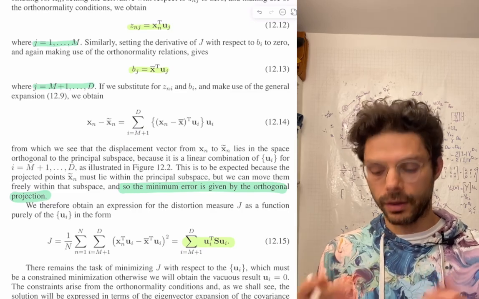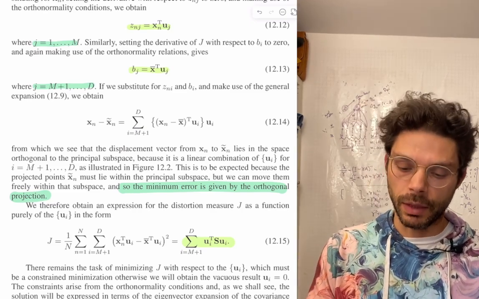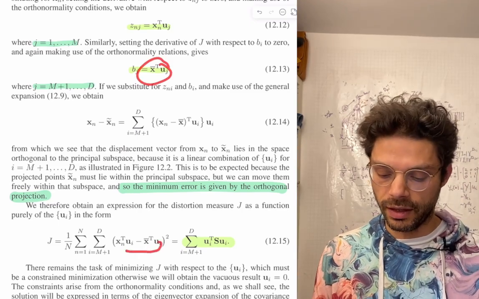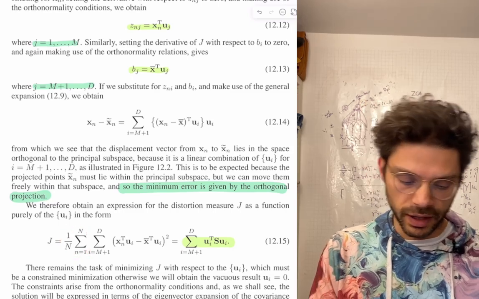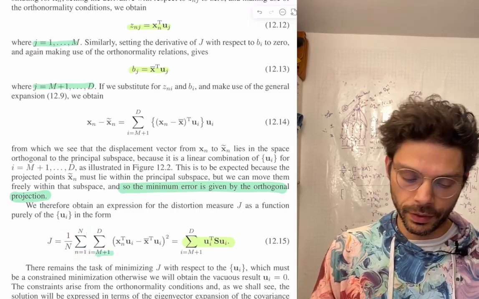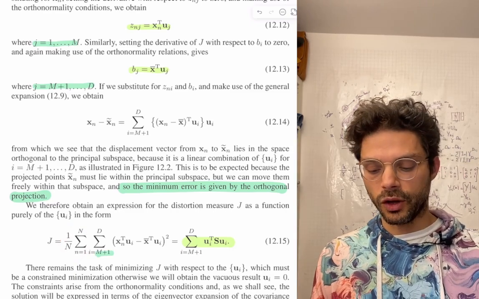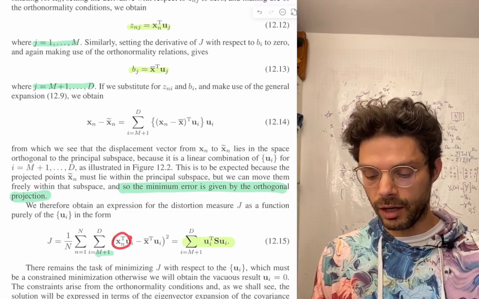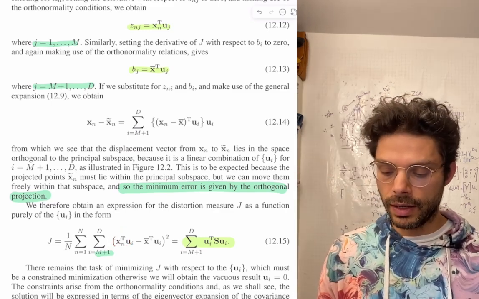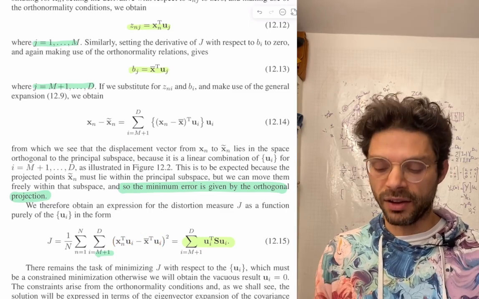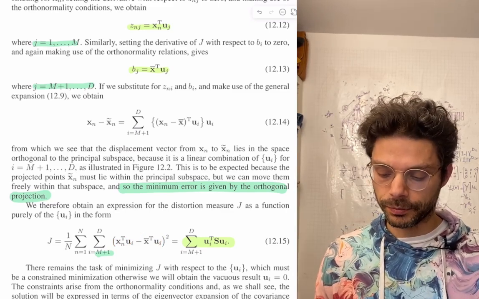The only error is going to come from the bit that we approximated, and that's what this is saying. The amount of distortion you're going to get, this is the averaging, is just the sum of the projections of the data point along the m plus 1 and so on dimensions, minus the way we're approximating that data.